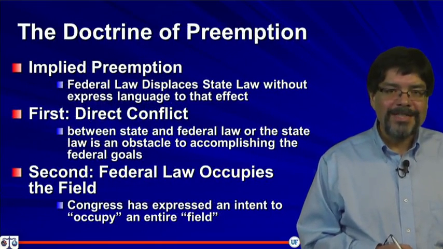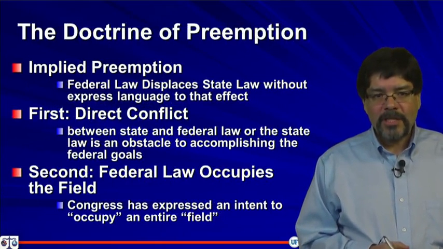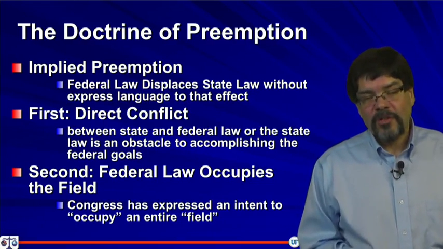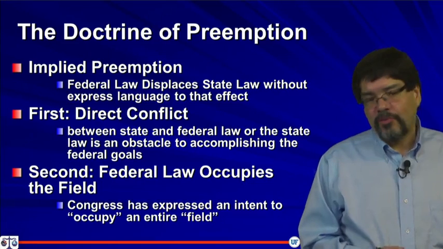And then there is implied preemption. Implied preemption is federal law displacing state law without express language to that effect in any piece of legislation. And there are basically two types.